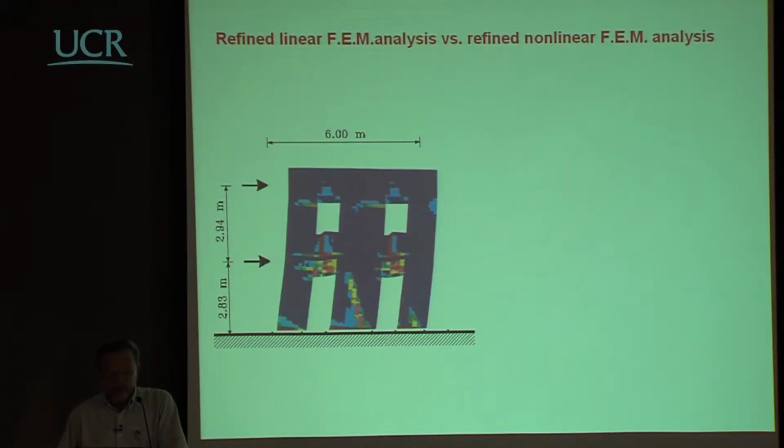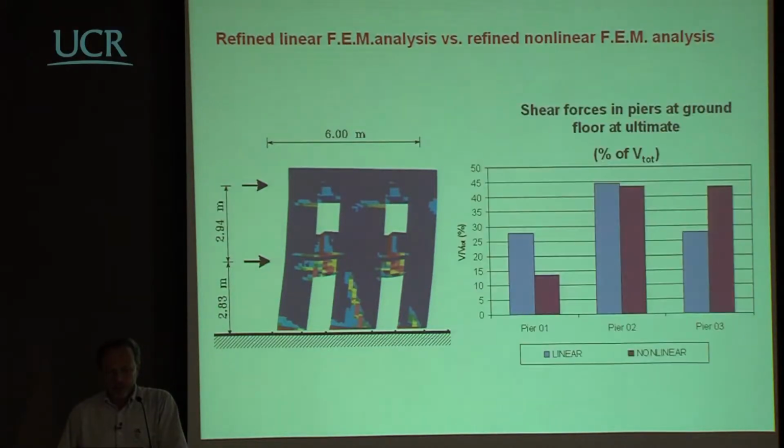For example, this is a very simple wall, as you can see, and what you obtain in terms of shear taken by each one of these three walls is very different when you look at a linear or nonlinear response.